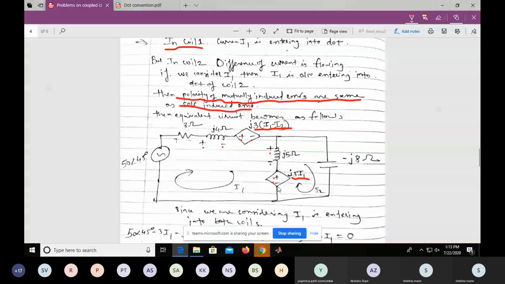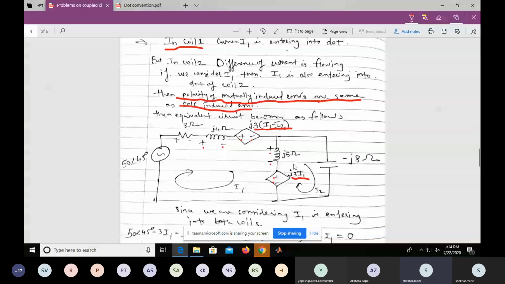That's why j3 into (I1 minus I2) came here. And here in coil 1, because only one current is flowing, that's why j3 I1. Have you understood this? Hello? Yes, sir.